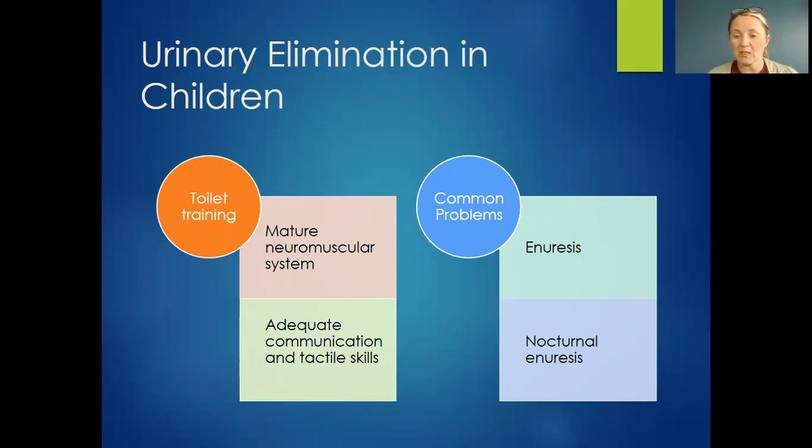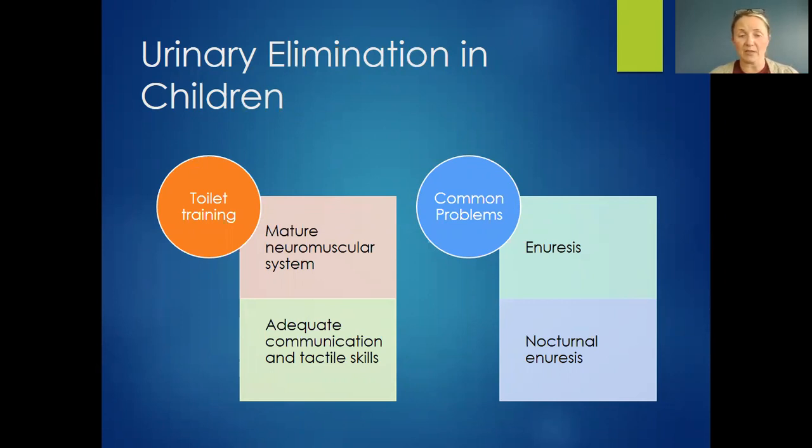Most children in the US begin toilet training between 18 months and 36 months, so about 1.5 to 3 years old. Some cultures don't expect to begin toilet training until the child reaches 5 years old. So it really depends on the culture and the family norms.